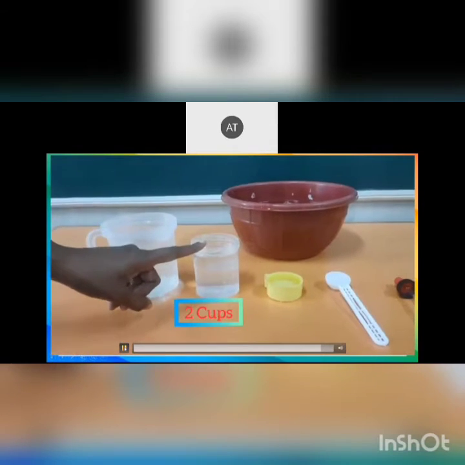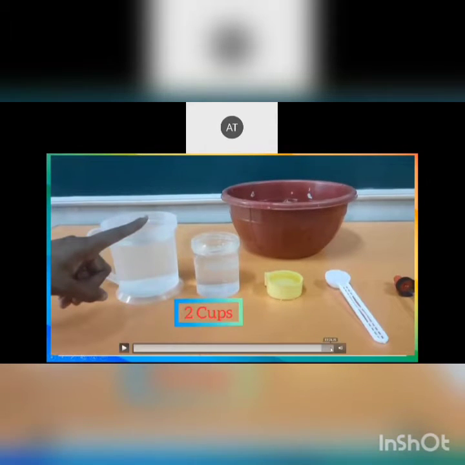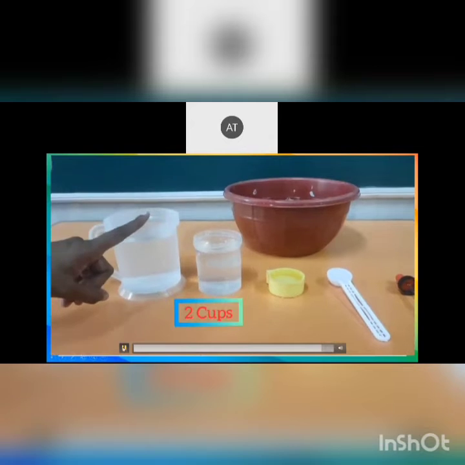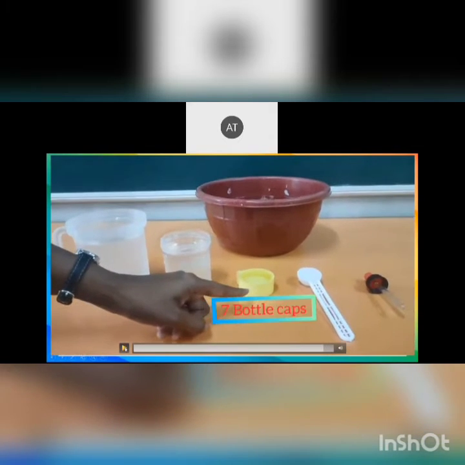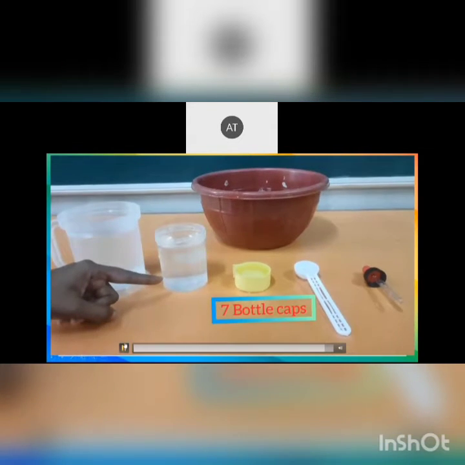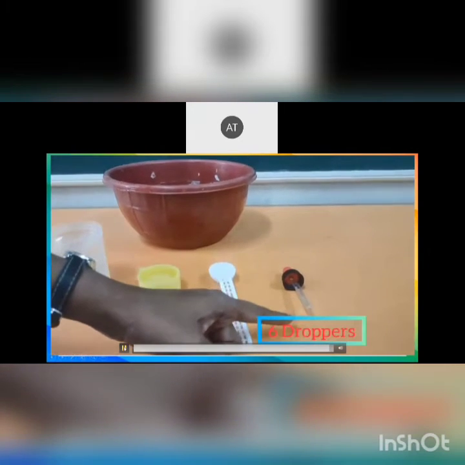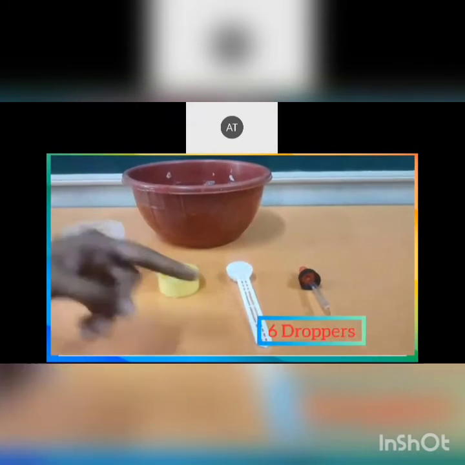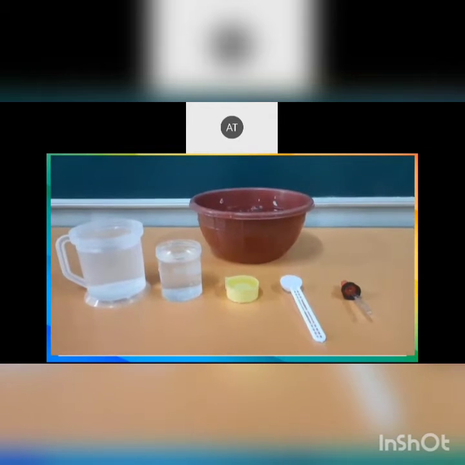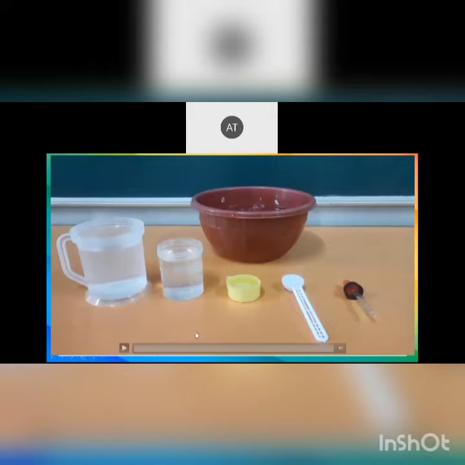So 2 cups fill the mug, 6 bottle caps fill the cup, 3 spoons fill the bottle cap, and 6 droppers fill the spoon, right? So we measured the capacity of the containers.